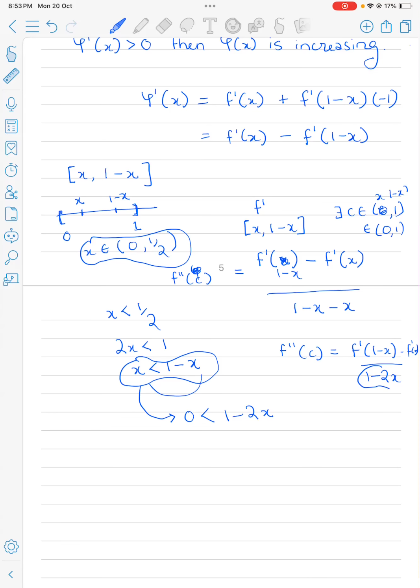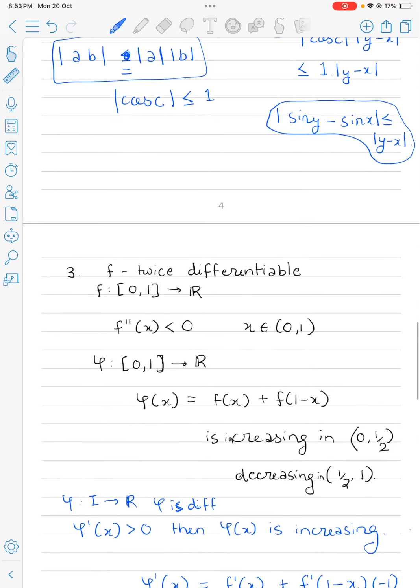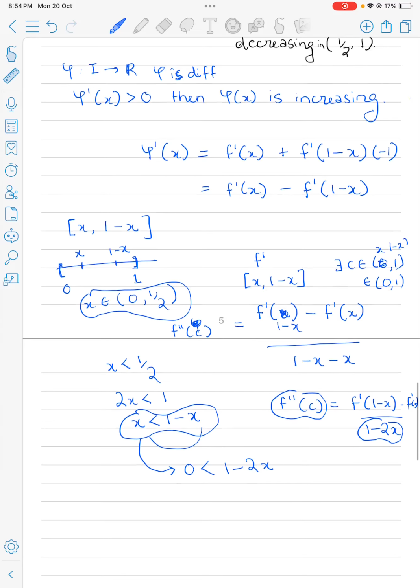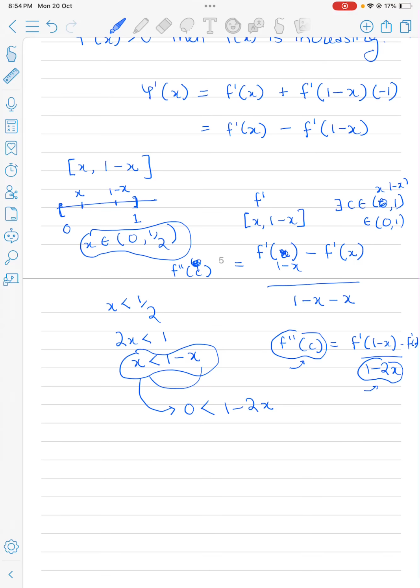So this thing is positive, and f double dash is always negative, right? Let's go back. Here f double dash is always negative. So this is negative and this is positive, so you will get what? Negative, right?